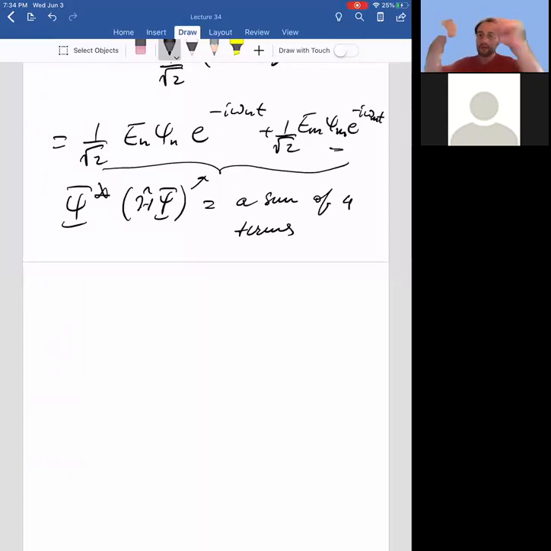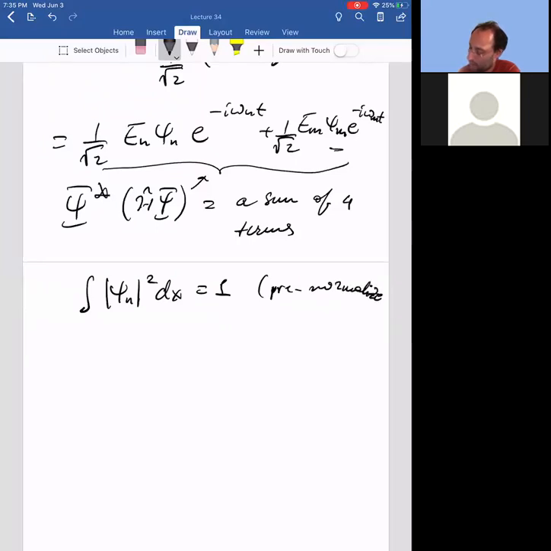And then you get 2 cross terms, sine n pi x over L times sine m pi x over L, and then the other cross term. And so it will come in handy to know, well, first of all, this is true because these guys are normalized, pre-normalized. That's why there's a factor of square root of 2 over L that ensures the normalization.